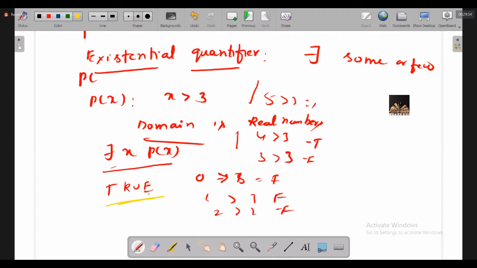If all cases are true, it is false. If none of the cases is true, it is false. If some cases are true, it is true. That is the existential quantifier. If all are true, it is false.